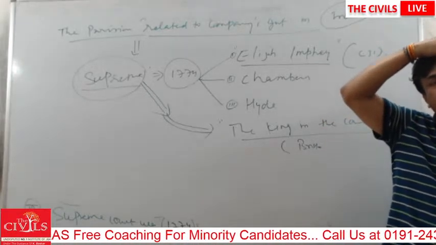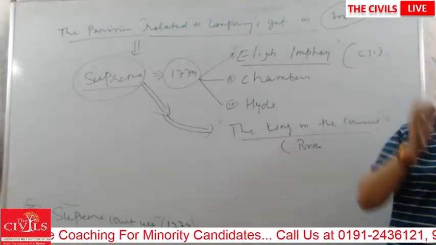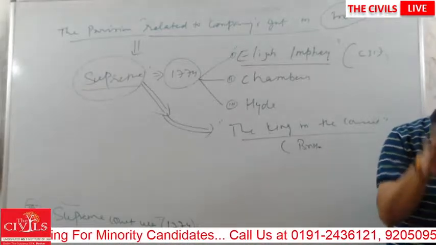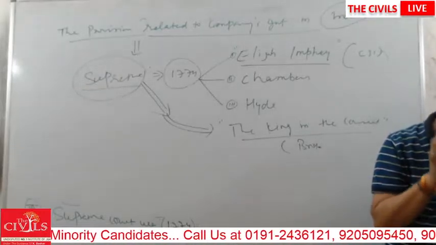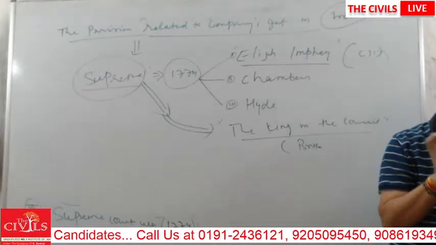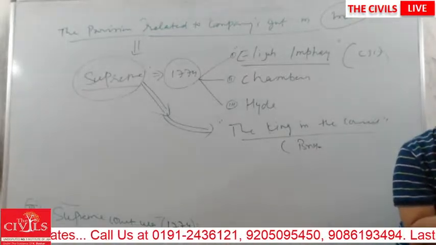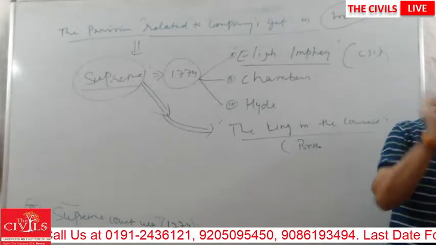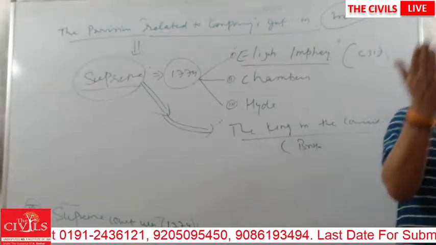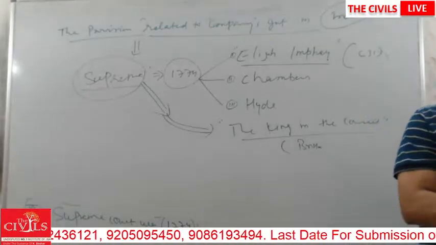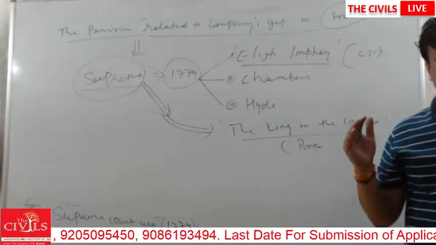The council had to take decisions on the basis of majority. But as I have said, there was always conflict between Warren Hastings and other members.